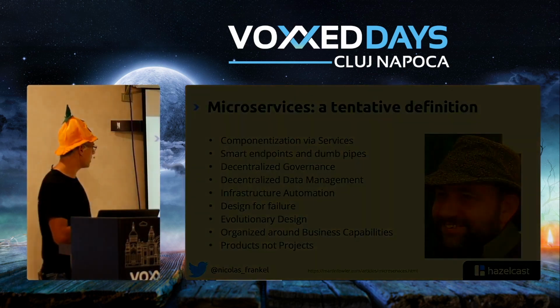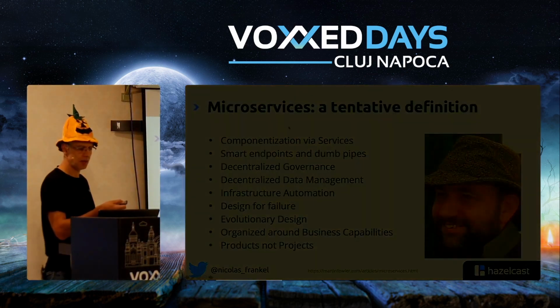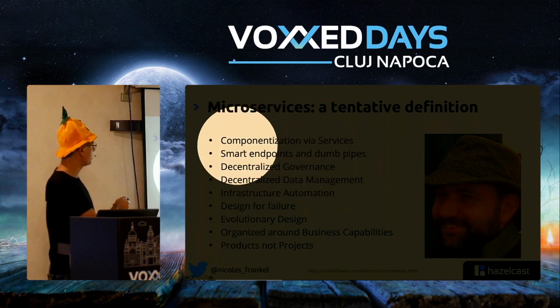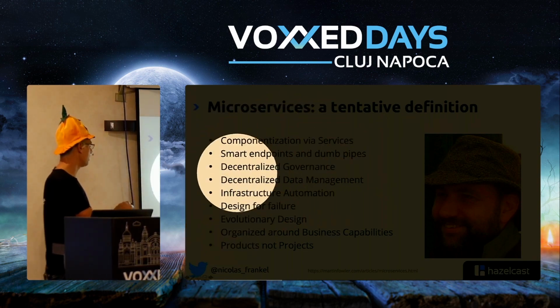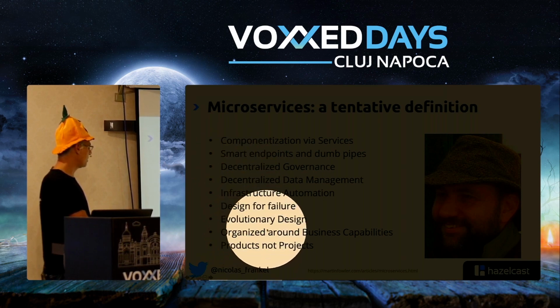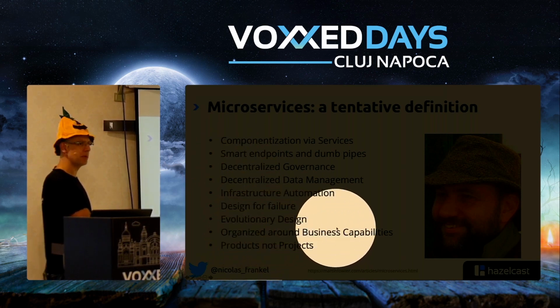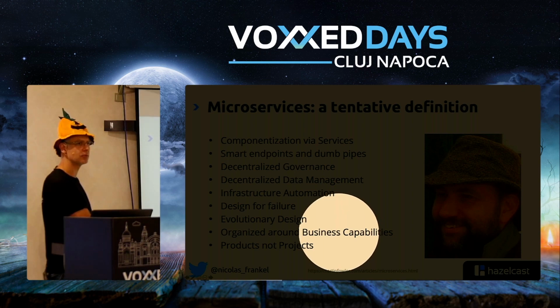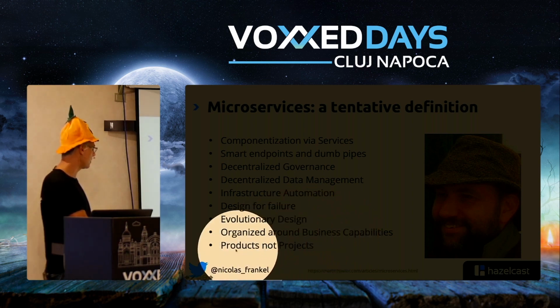In general, everybody does componentization and so on, and then you get to being organized around business capabilities. Then I lose like 20% of the people, who have microservices that are not centered around business capabilities.